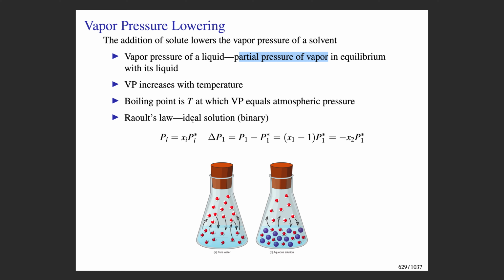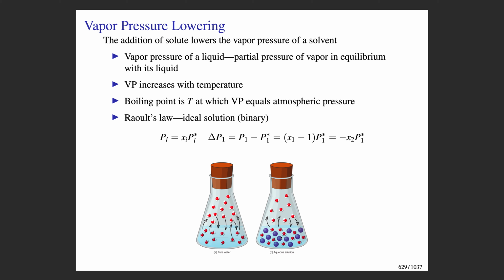Another aspect of the ideal solution is that both components of the solution obey Raoult's law. Raoult's law is given for us right here. It refers to a solution, and what it tells us is that the vapor pressure of a liquid I in a solution is equal to the vapor pressure of the pure liquid I times the mole fraction of component I in the liquid phase.